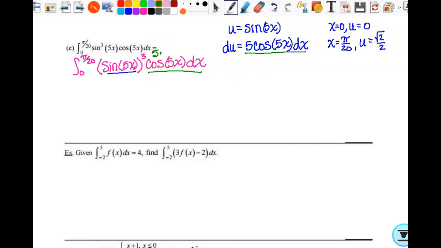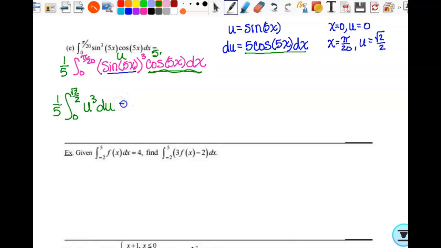So I get all of that, so that means there has to be a 1/5 out here. So 1/5 times the integral from 0 to square root of 2 over 2 of, all of this is gone, so I just have, and this becomes u cubed du.